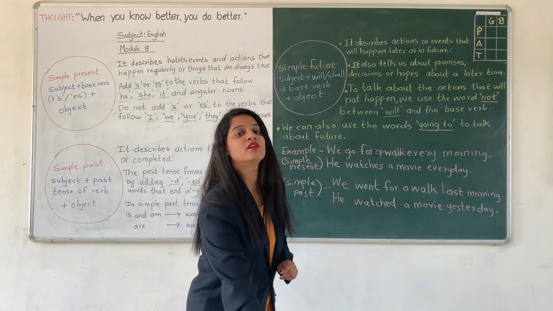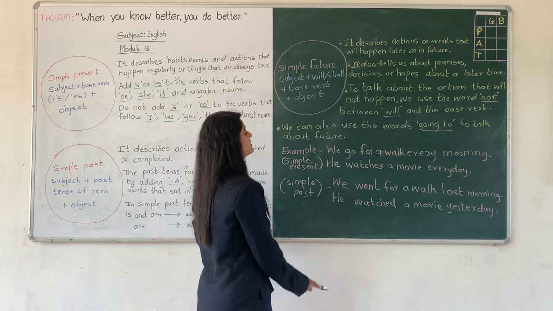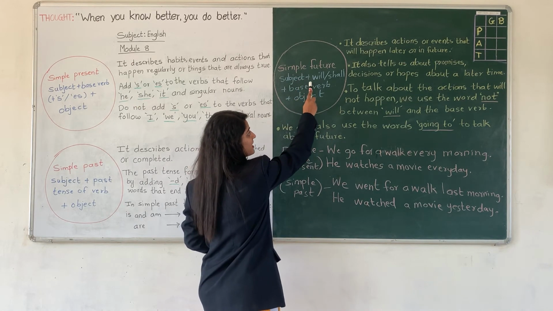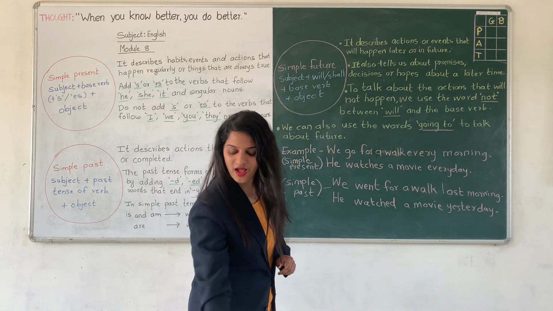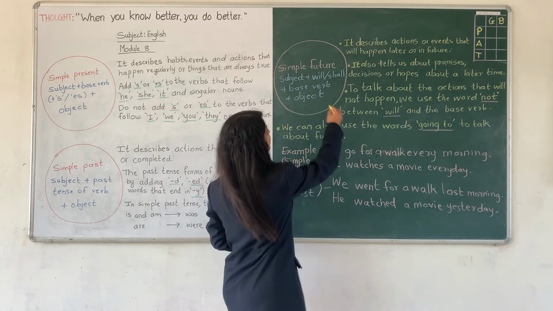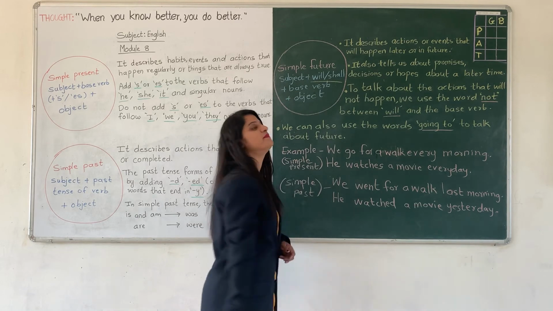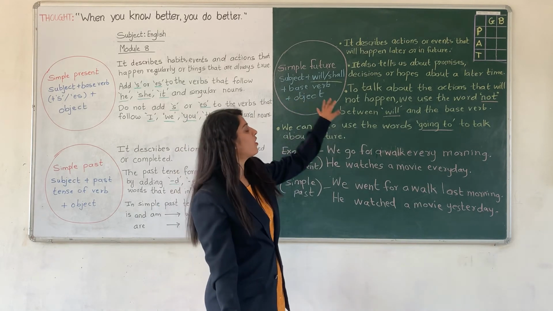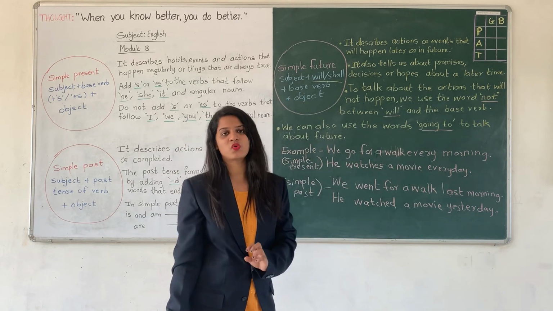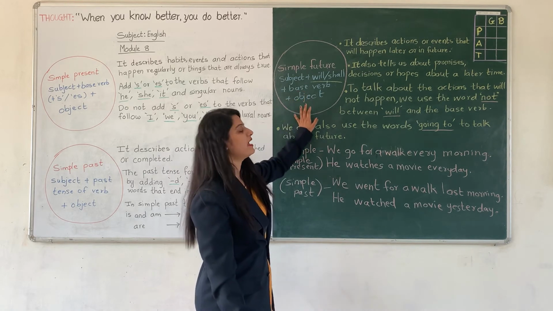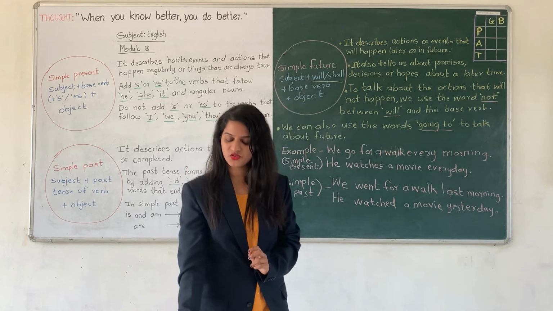Now let us see the rule for writing simple future tense. It is subject plus will or shall. Now this is most important: whenever we are writing simple future tense, will or shall is used. Then base verb and then object. Understood?